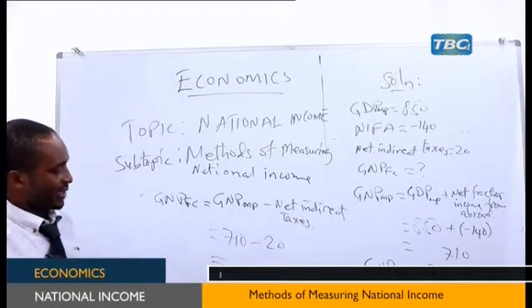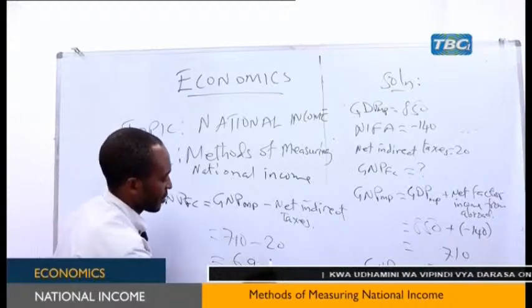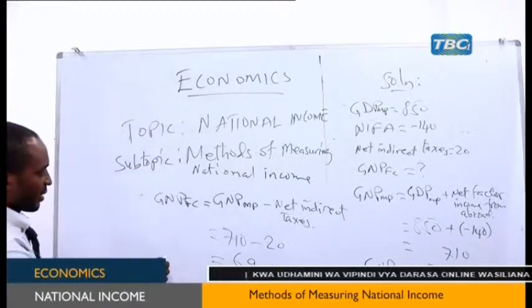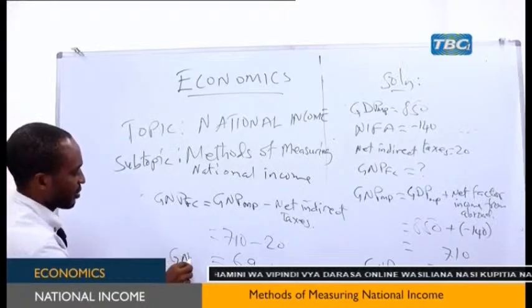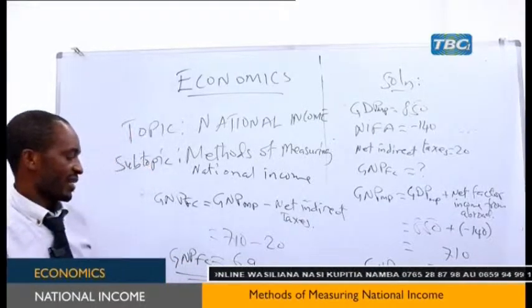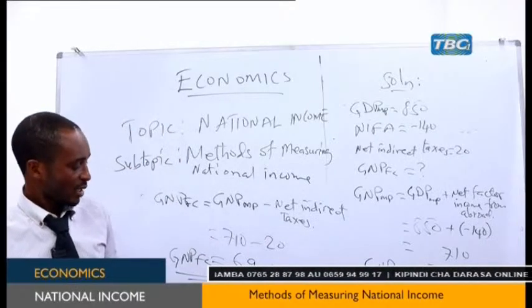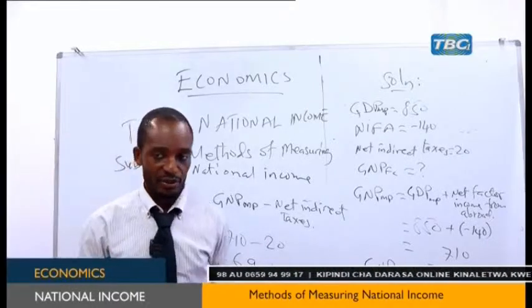So when you subtract it, it is 690. So the gross national product at a factor cost will be 690 shillings. So I hope you get the solution.